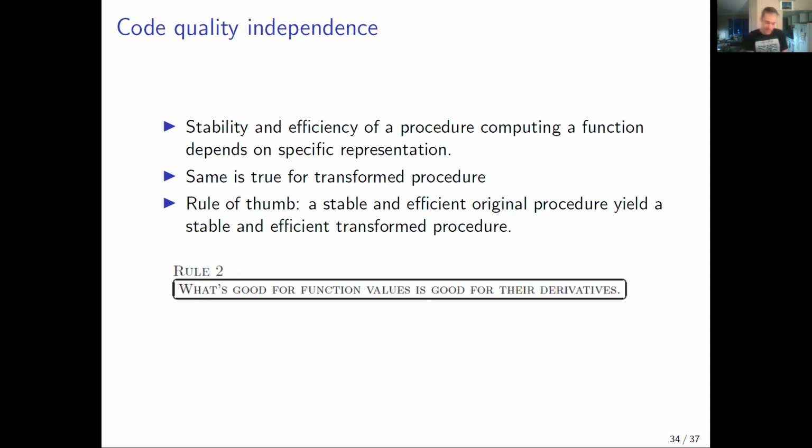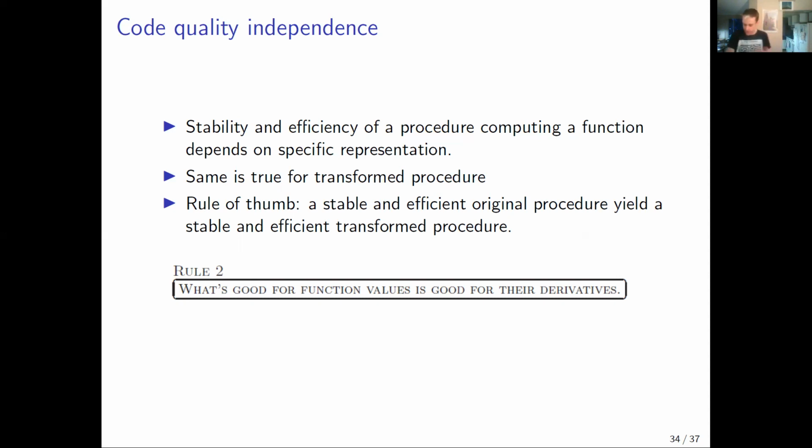One way to understand that is, you could have an original function that may have certain characteristics. It may be more or less efficient. It may have good or bad numerical stability. And their comment is that, in general, the transformed program, after you apply forward or reverse mode automatic differentiation, will inherit the numerical stability and efficiency of the original program, which is good news, because it means that we only need to focus on writing the original program in a stable and efficient way.